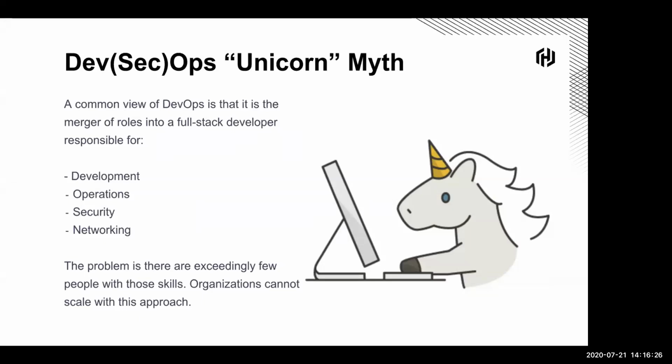And our first reaction to how do we break out of this is to see if we can find a unicorn. And I'm sure you've heard the term unicorn, but the idea of someone who is an operator who understands all of IT inside and out from end to end. And therefore I have someone who can dynamically address any issue, no matter what it is and how it comes up.